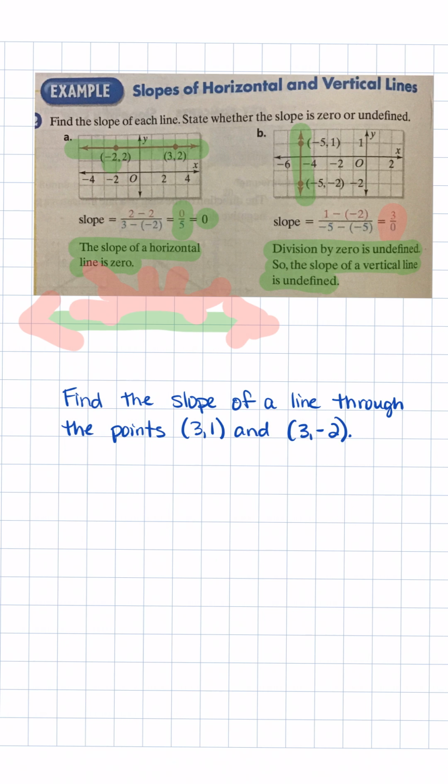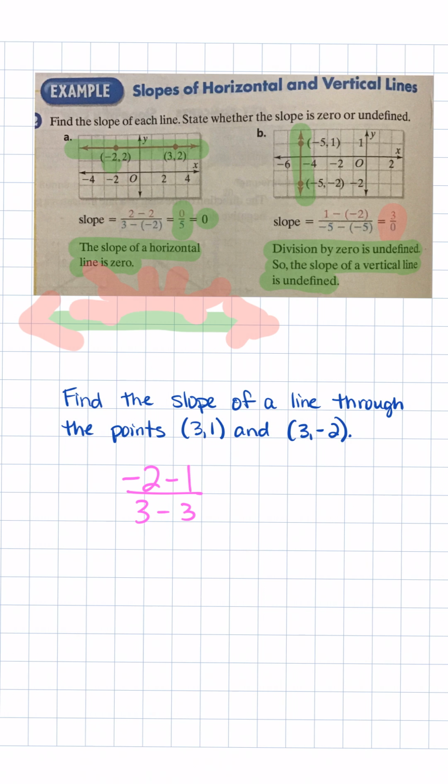So the slope of the vertical line is undefined. If the 0's on top, it equals 0. If the 0's on the bottom, it's undefined. Basically, always when the line's running vertical, it's going to be undefined. Find the slope of a line through the points (3, 1) and (3, -2). We're going to do the y's on top: -2 minus 1 over 3 minus 3.